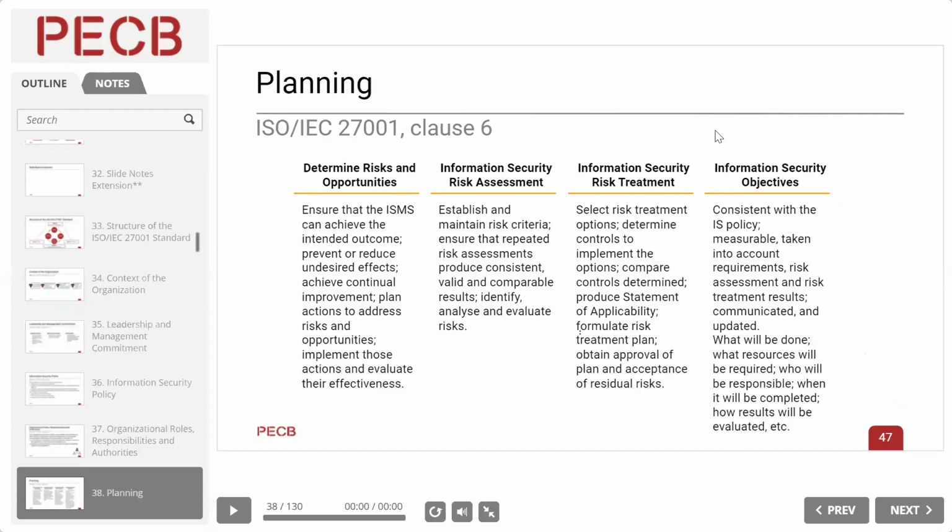And I mentioned that risk assessment and risk management is a very key fundamental process which determines what controls we need to have in place. So we need to determine the risks. Now in doing a risk assessment, you also need to be able to determine the opportunities.